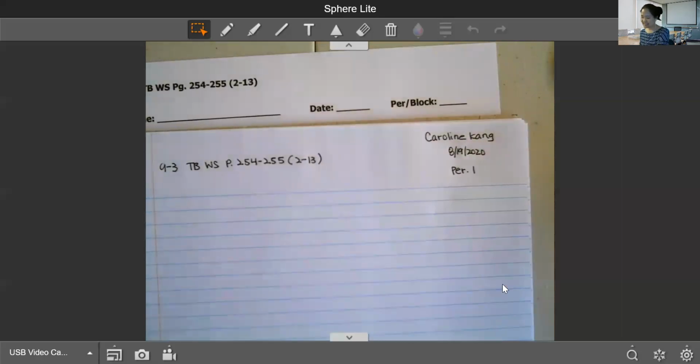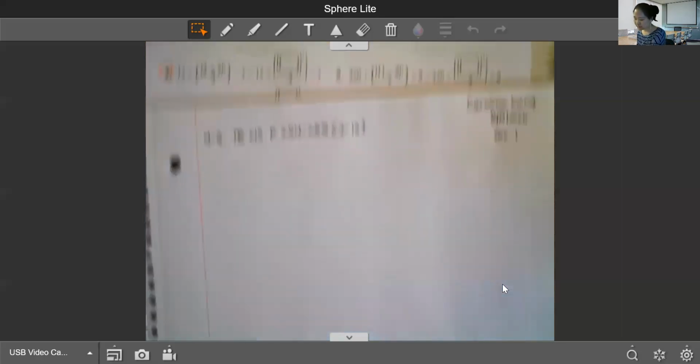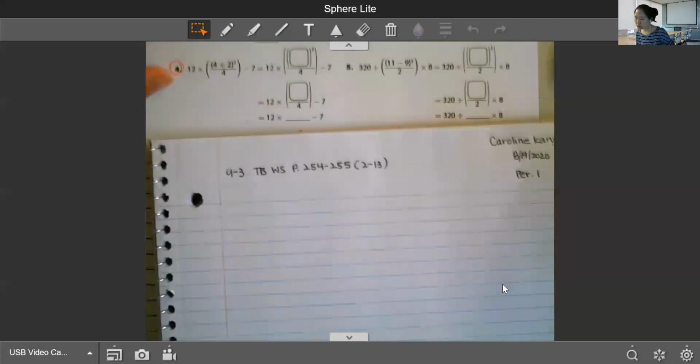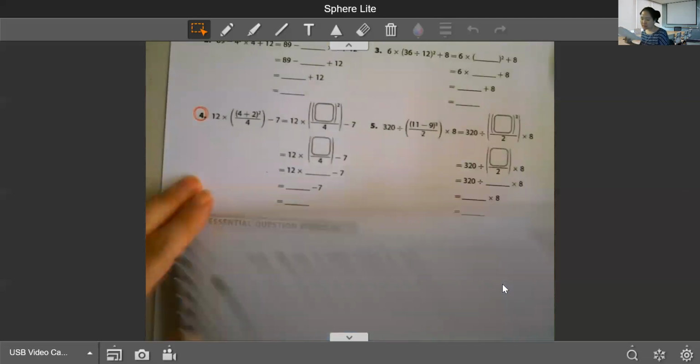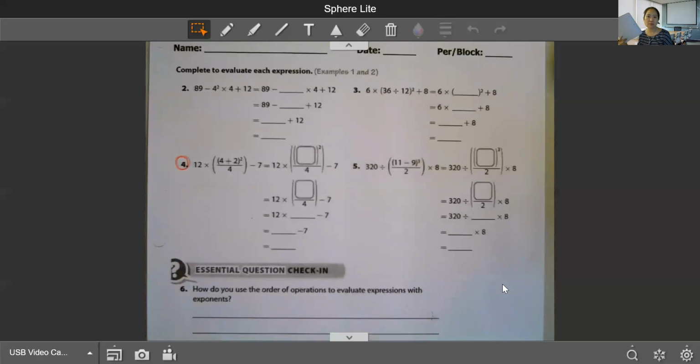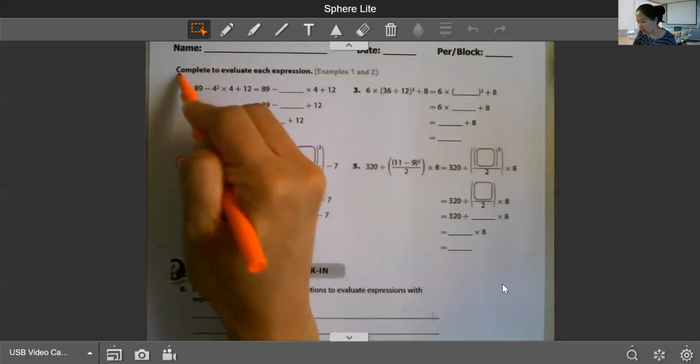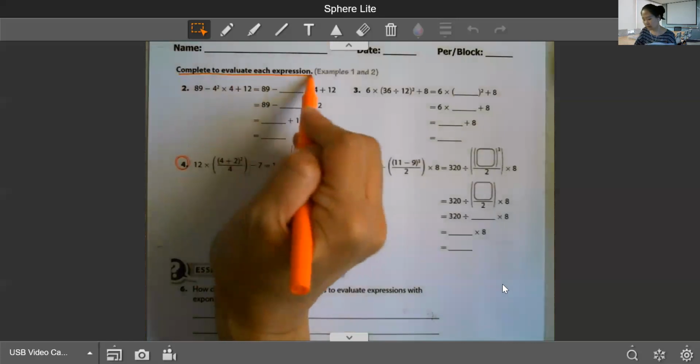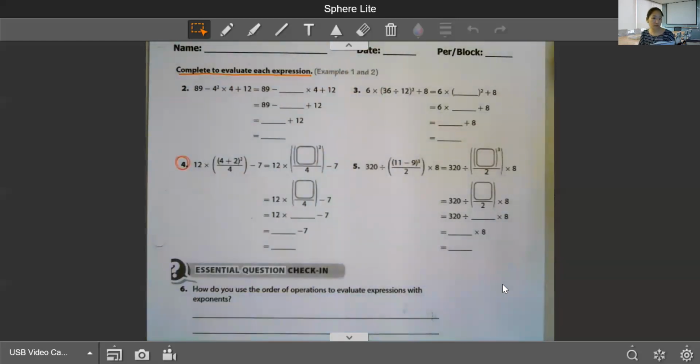All right, so let me first show you numbers 2 through 5. If you take a look at numbers 2 through 5, it says to evaluate each expression. Evaluate means basically to solve or simplify or find the value.